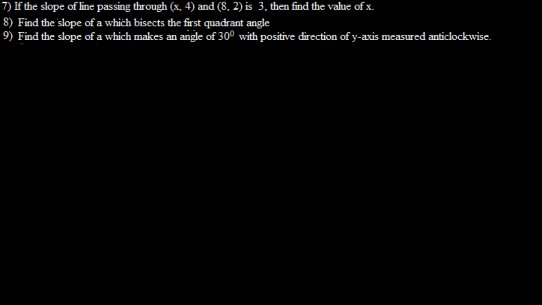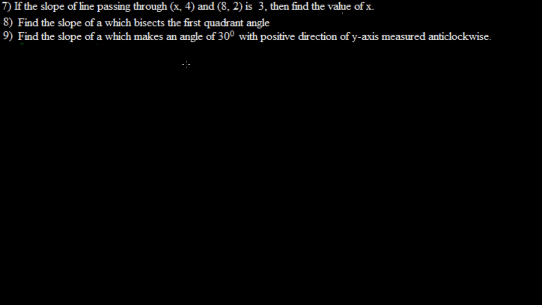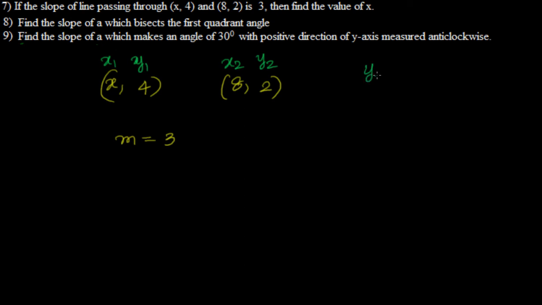If the slope of a line passing through x comma 4 and 8 comma 2 is 3, find the value of x. So I have 2 points, x comma 4 and 8 comma 2. The slope m is given as 3, but I know that's nothing but delta y by delta x, where delta y by delta x is y2 minus y1 by x2 minus x1, which is equal to m.